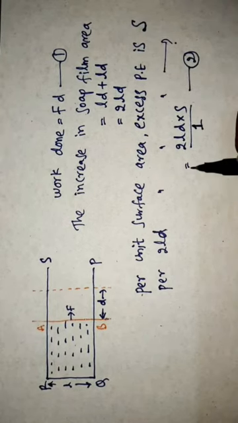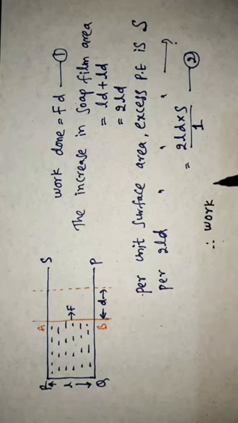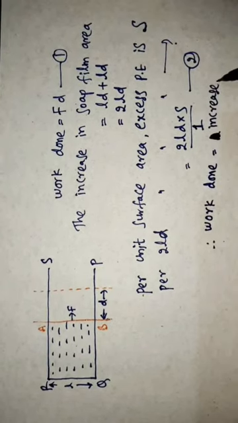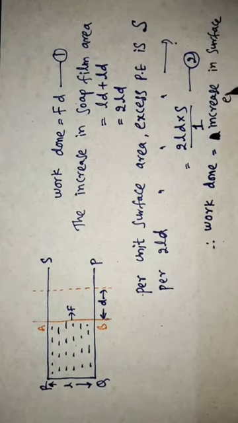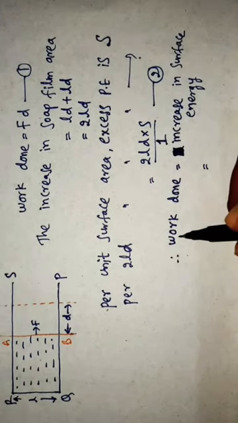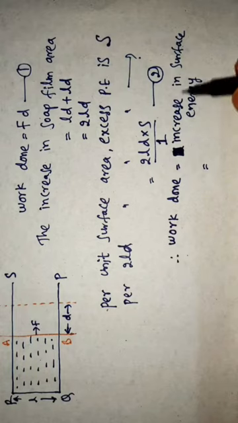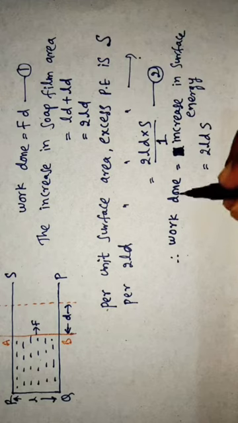This excess potential energy must be equal to the work done. Therefore work done is equal to the increase in surface energy, that is 2LDS. From equation 1, work done is equal to force into displacement.